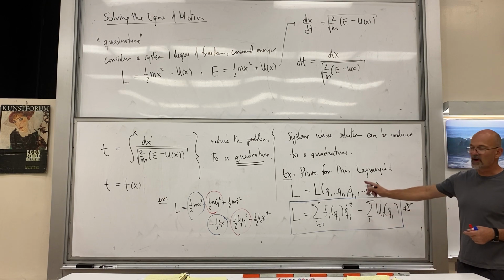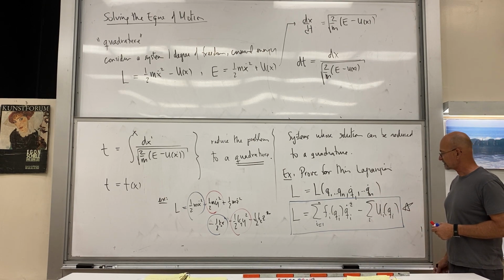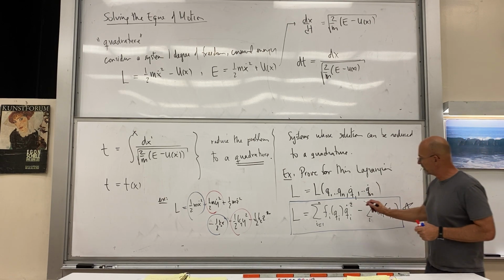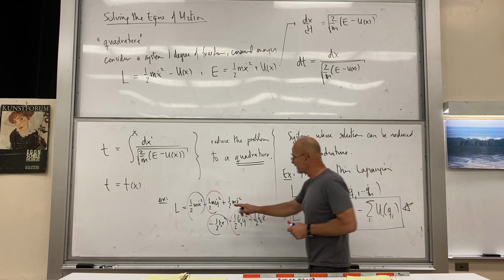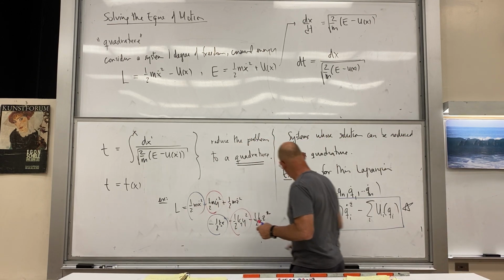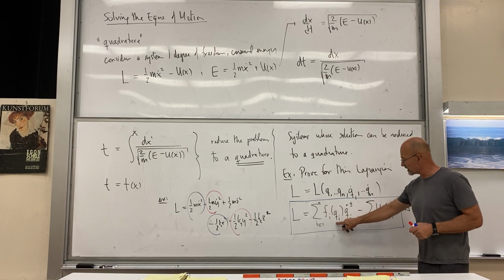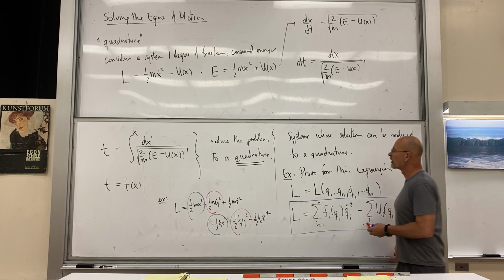Right there. So that's a good problem right there. It's slightly more general than this one because here we have just m and here we have some function of the coordinate itself.